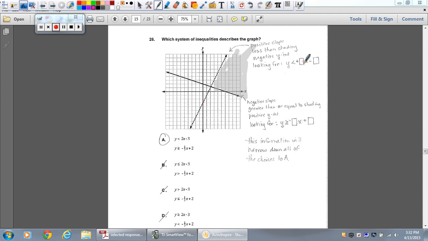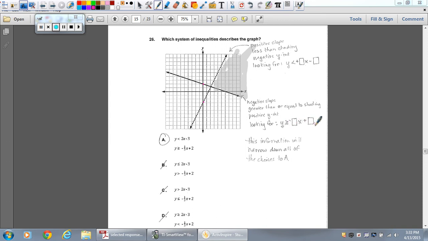It should be positive because it's rising, and y-intercept should be negative. So I knew I needed an inequality that looked like that. For the solid line, I know it's a negative slope. I know it's shaded above it, so it's greater than shading, or equal to actually, because it's a solid line. And I know the y-intercept is up here, so it's positive. So I was looking for y is greater than or equal to negative slope, positive y-intercept.